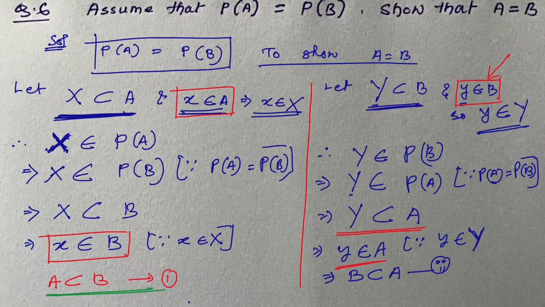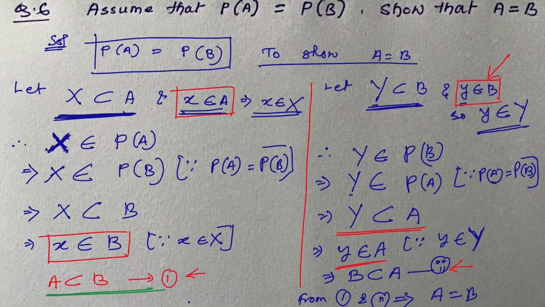So from 1 and 2 we have got A is equal to B.